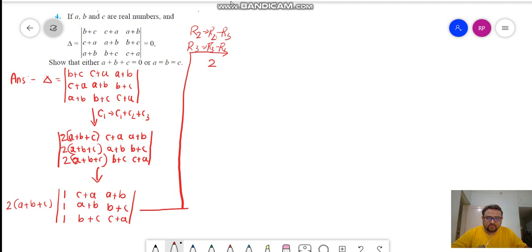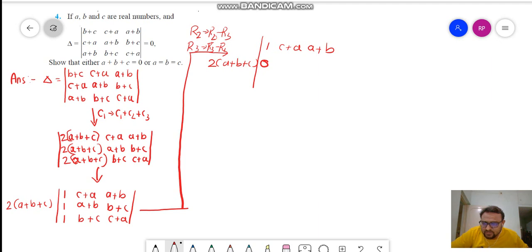Okay, so now see what I will get. 2 times A plus B plus C, it's common. Okay, first row we are not going to change. 1 C plus A plus B. Now 1 minus 1, that will be equal to 0. 0.